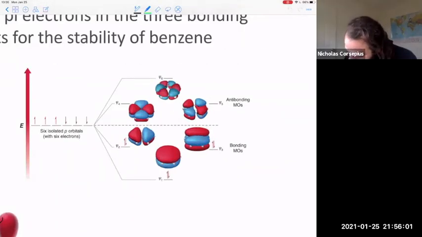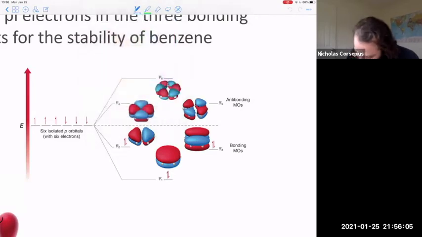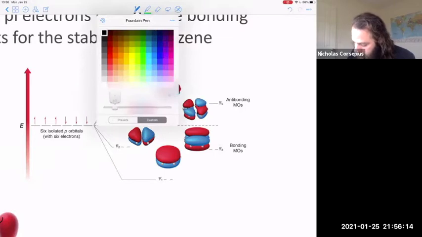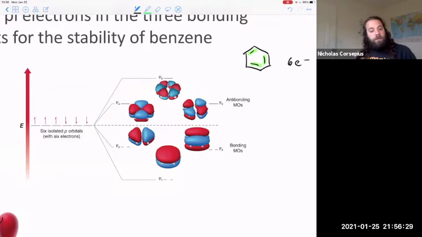When we start out, we have our 6 electrons that are in that conjugated benzene ring. Each of these double bonds has 2, so that's 2, 4, 6 electrons that are in those p orbitals.